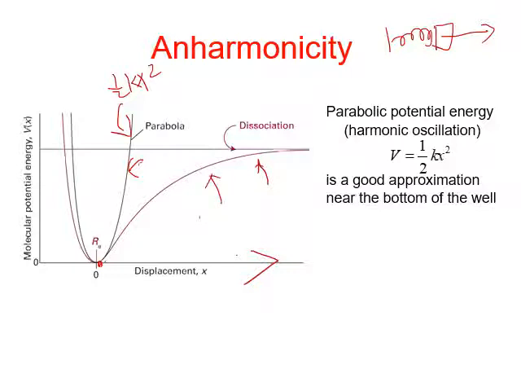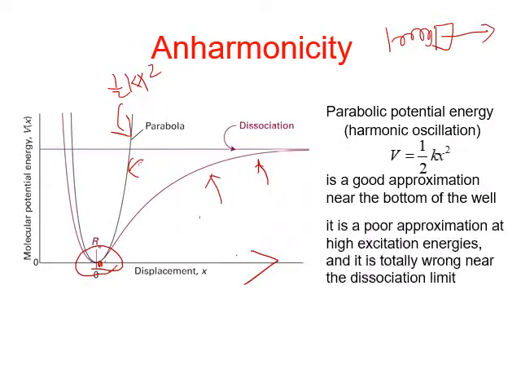The harmonic oscillation is a good approximation near the equilibrium position here. It is a poor approximation at higher energy levels, where it deviates, and it is totally wrong near the dissociation limit.